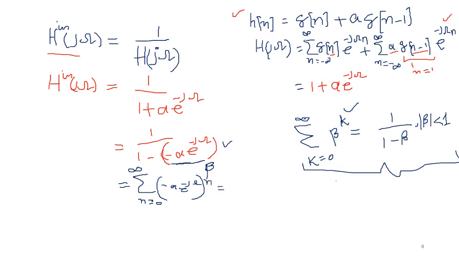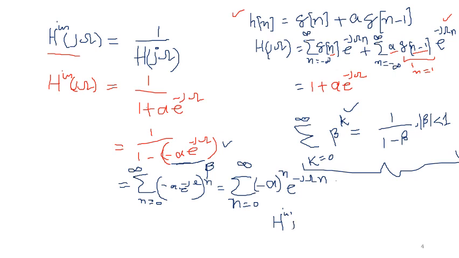So this can be expanded into the summation n running from 0 up to infinity, and I can write this n on individual terms. So I can write a power n into e power minus j omega n, right?